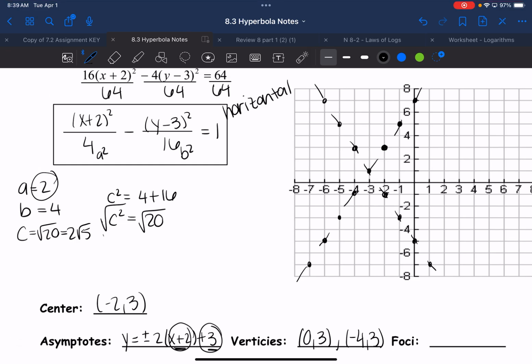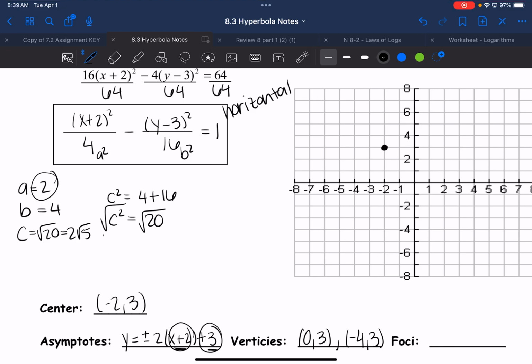Is the center off or the graph off? The center's off. Oh, yes, it is. I started at the wrong spot. I graphed my asymptotes wrong, didn't I? Sorry. Yes, that's still my center at -2, 3. But that should be where the asymptotes cross, at -2, 3. I apologize.